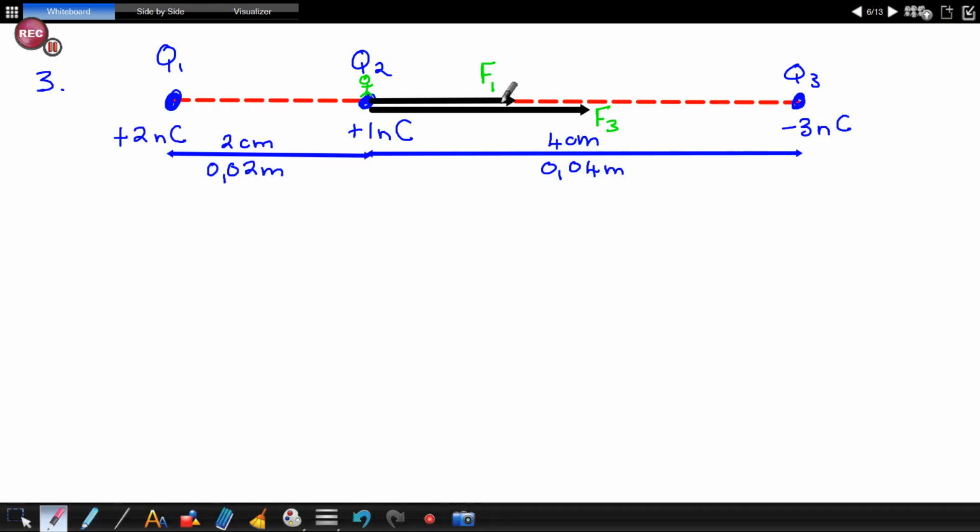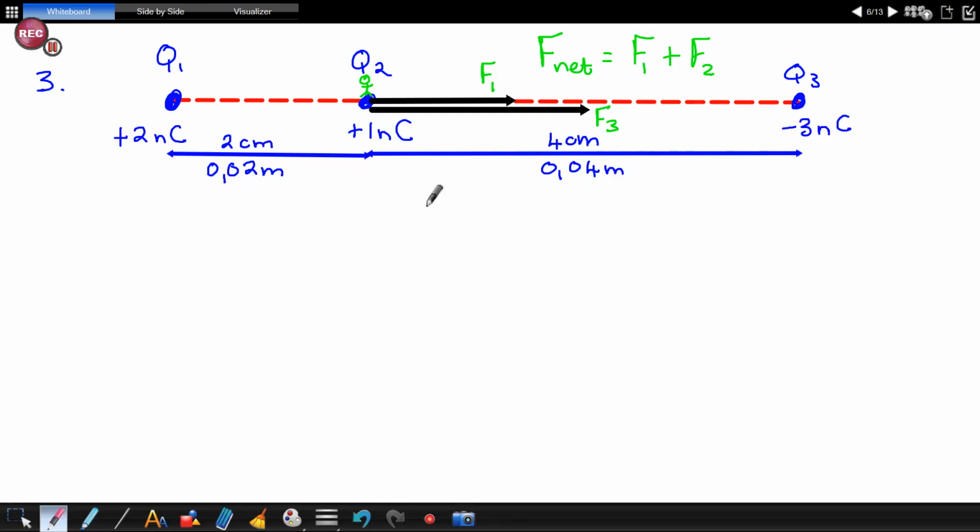And if they're going in the same direction, what do I do to get the net force? We're going to add them. So we go to Q2 and ask ourselves, what is Q1 doing to Q2 and what is Q3 doing to Q2? So that we can see whether we must add or whether we must subtract these two forces.